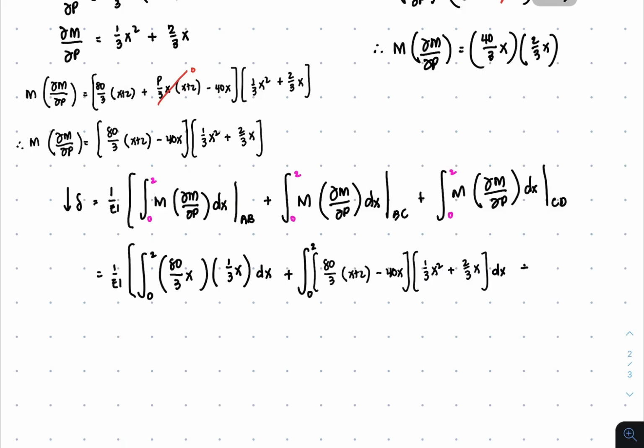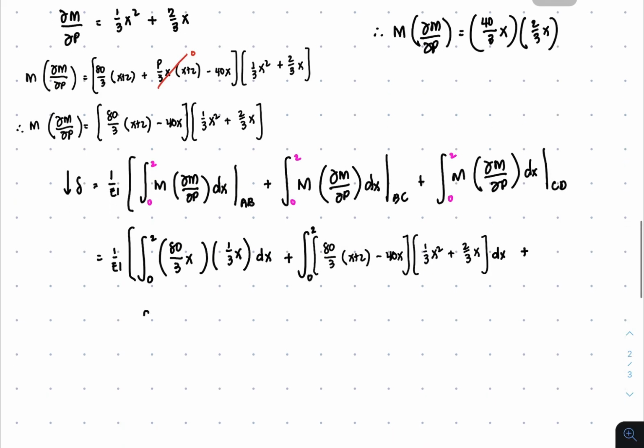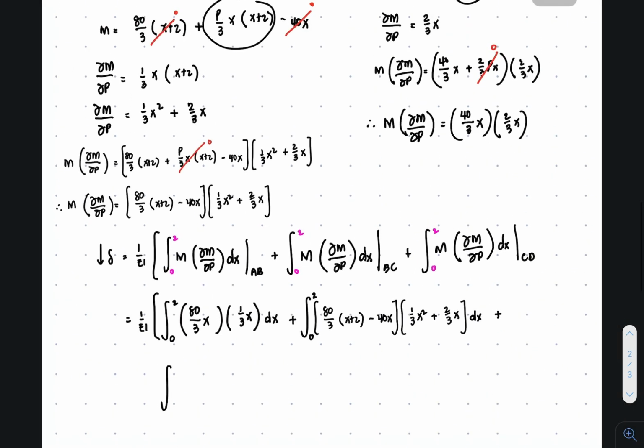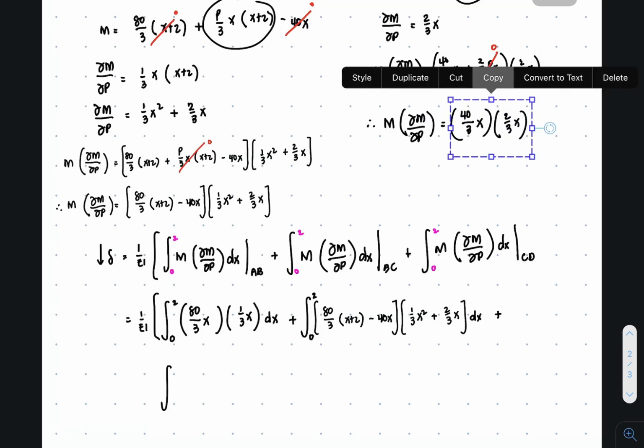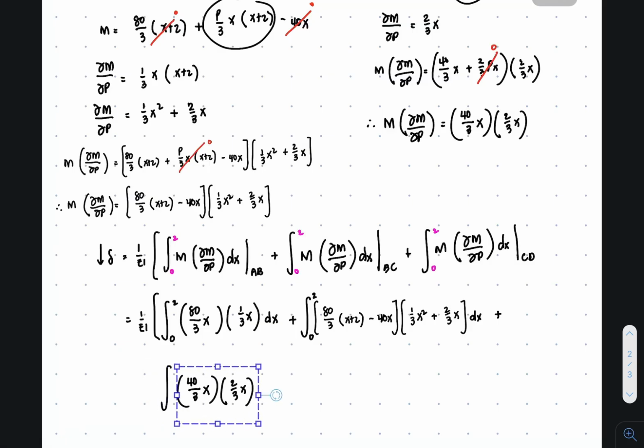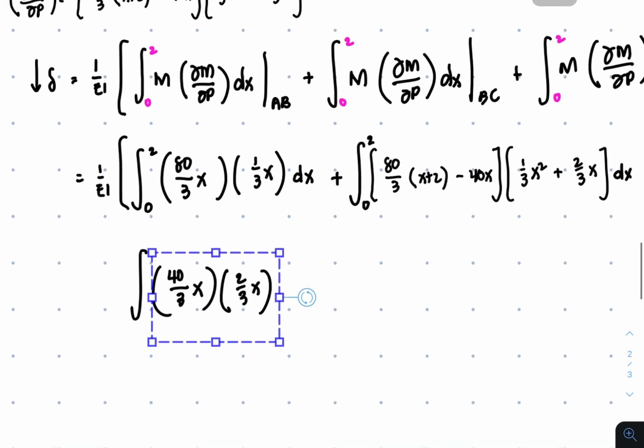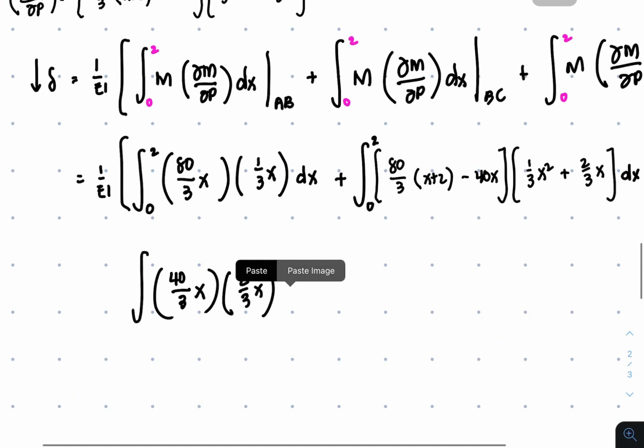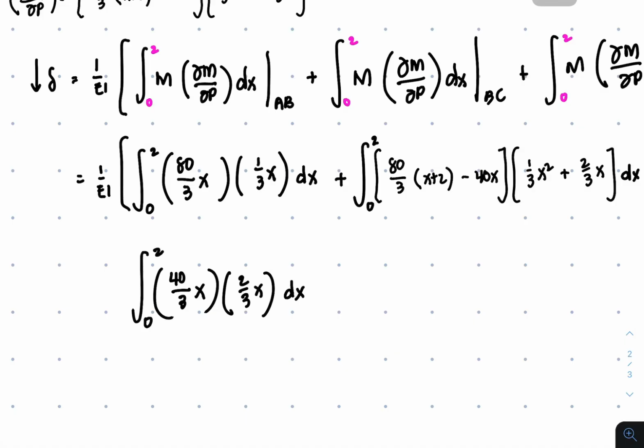And for the last one, plus the same integral. So copy this, for this is the last segment, and paste it here. So the dx, I'm sorry, it's dx, with limit from 0 to 2.